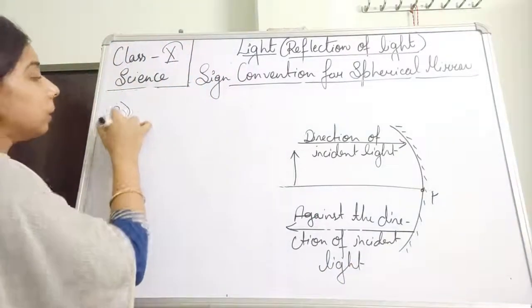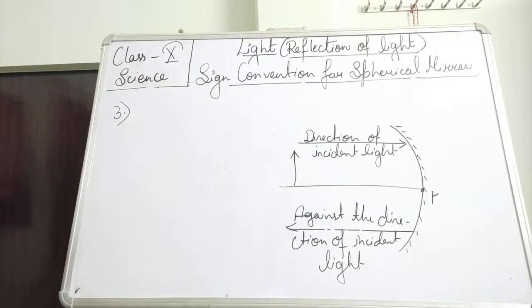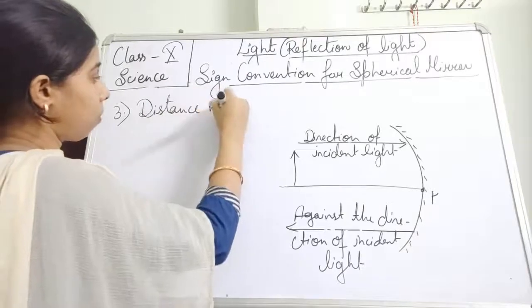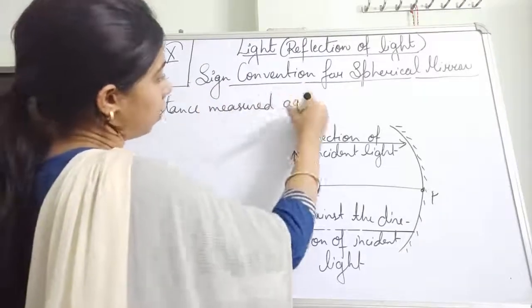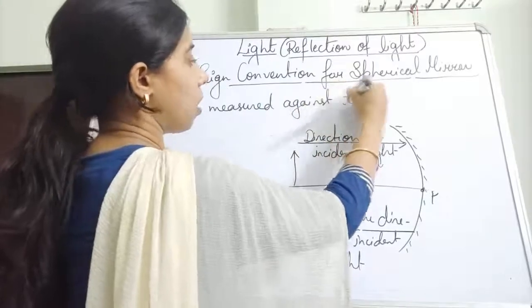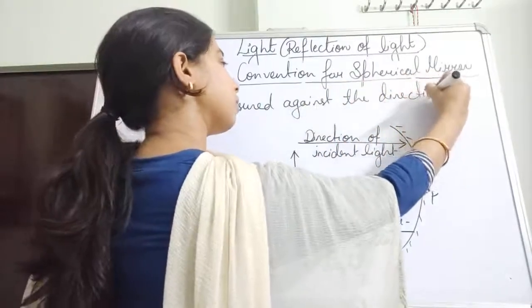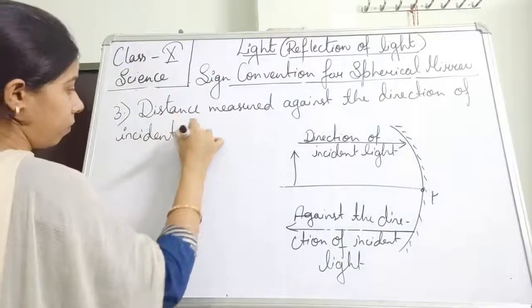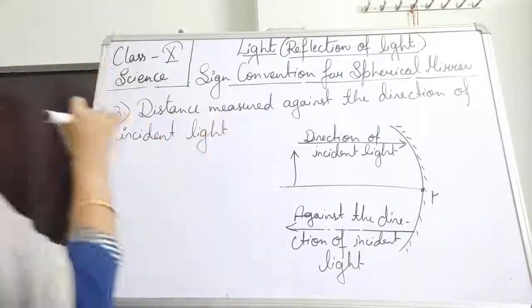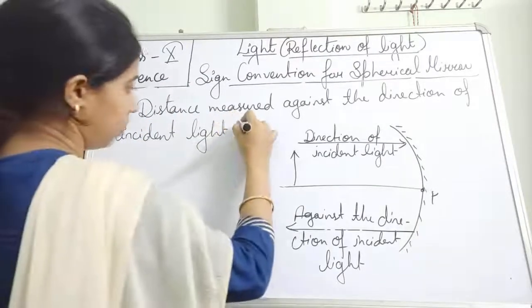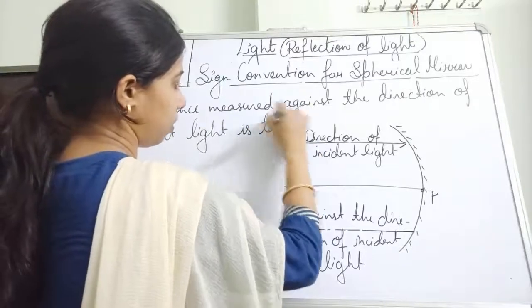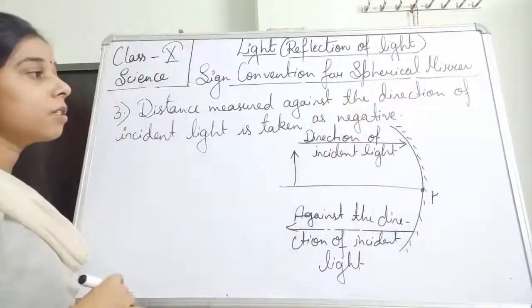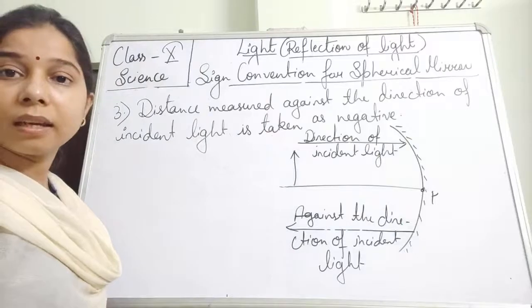So we can write here, the third one is distance measured against the direction of incident light is taken as negative.